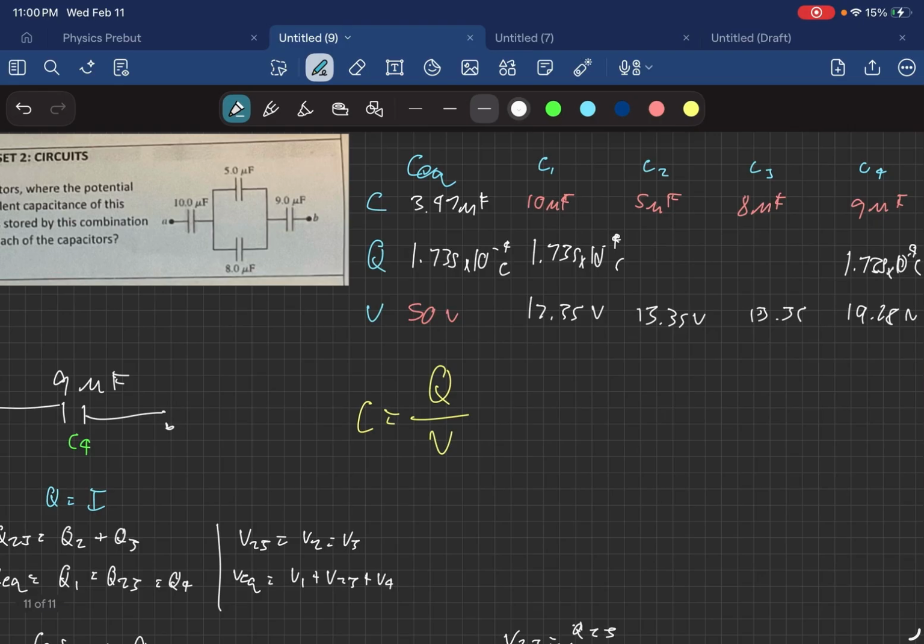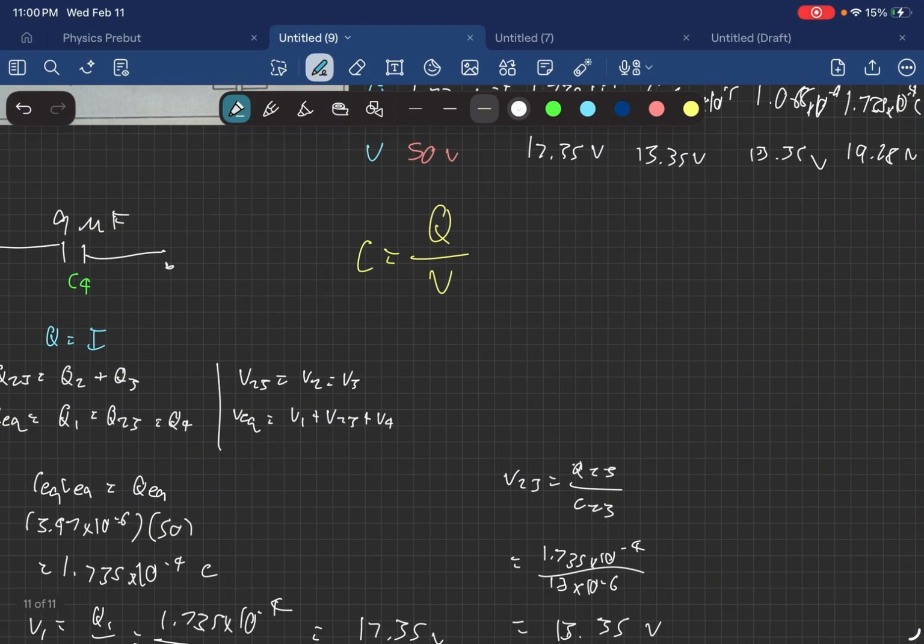I'll just do that on my calculator now. 5 times 10 raised to negative 6 times 13.35 gives 6.67 times 10 raised to negative 5. This one is 8 times 10 raised to negative 6 times 13.35, which is 1.068 times 10 raised to negative 4. Yeah, there you have it.